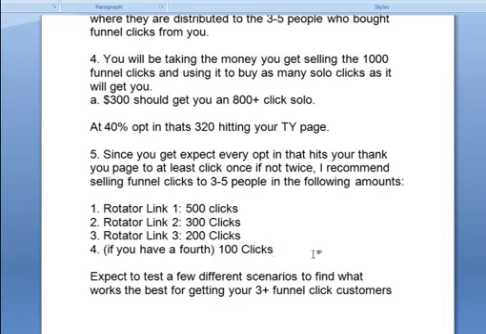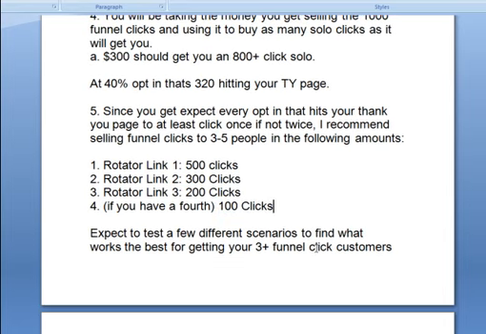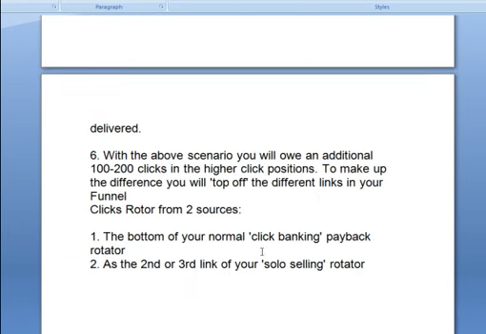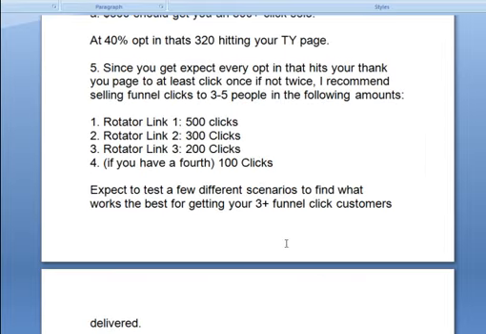Now, expect to test a few different scenarios here to find out what works best for getting your funnel click customers delivered. This is just the generic starting example, right? But some of you guys have tested different setups for your thank you page. The one I start my customers off on is usually a proven one that I know works good, but some people might do better.